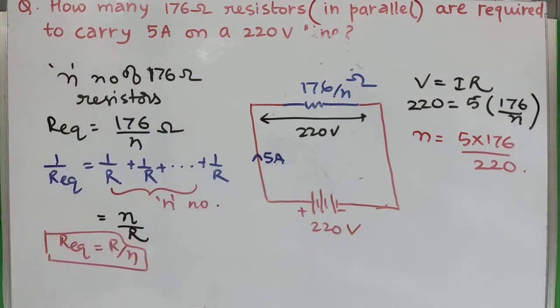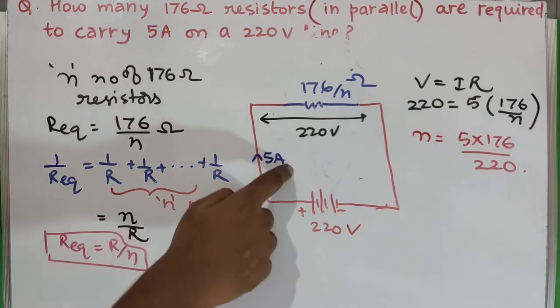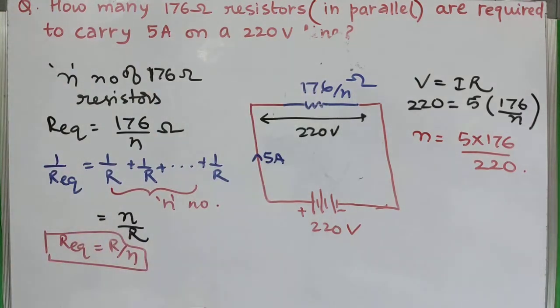Still 5 amps current will flow, and that 5 amp current into the resistance will give the same potential drop of 220 volt. I have already made several videos on Ohm's law, on the dependence of current on voltage and resistance. The links for those videos will be in the description section. Please watch them too, so you'll understand better.